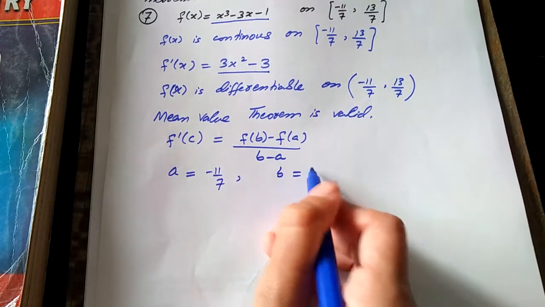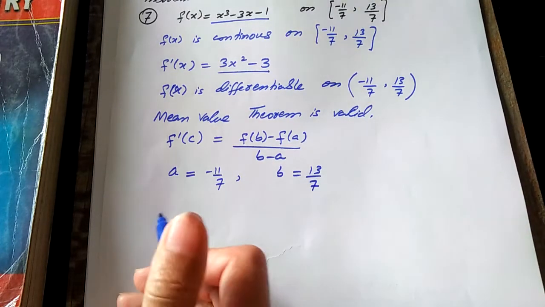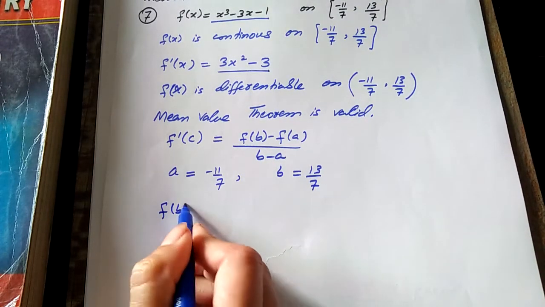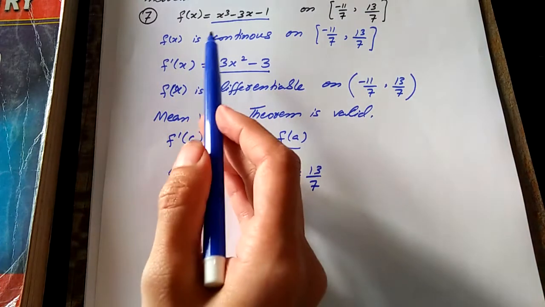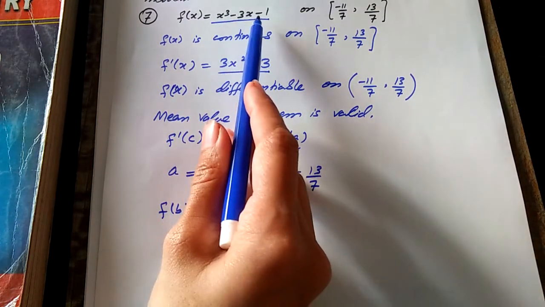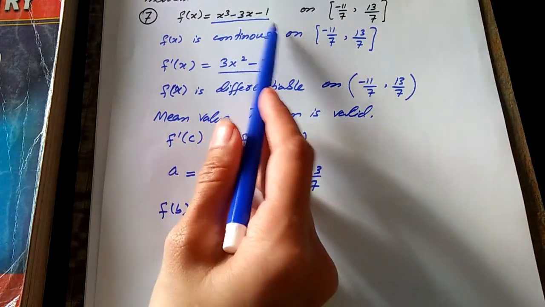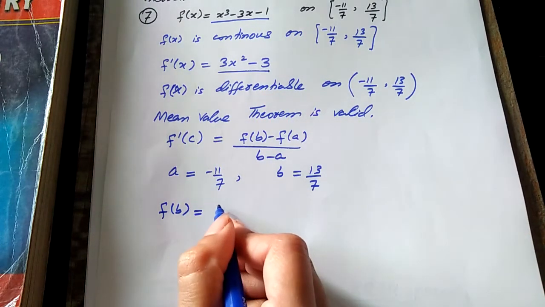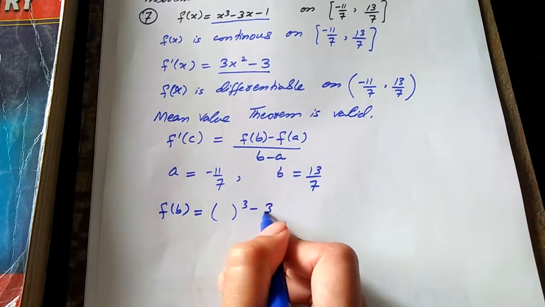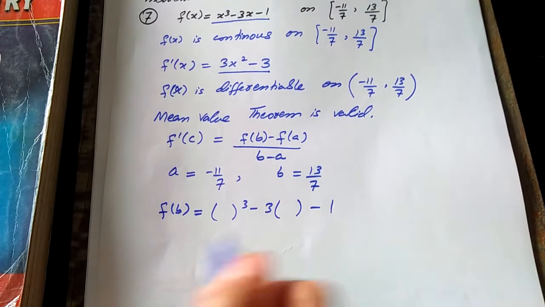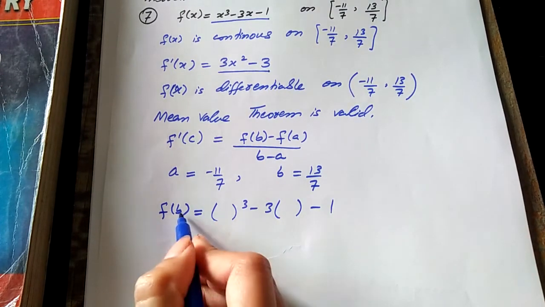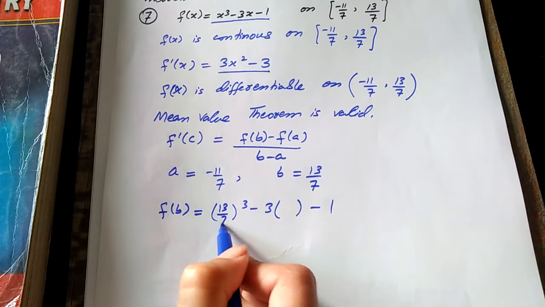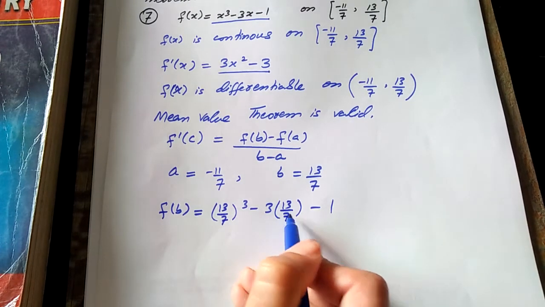B here is 13 over 7. F of b will be basically this f of x with b in place of x: x cube minus 3x minus 1, with x replaced by 13 over 7.